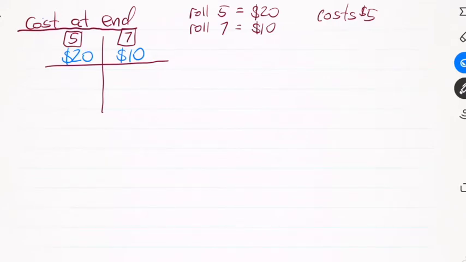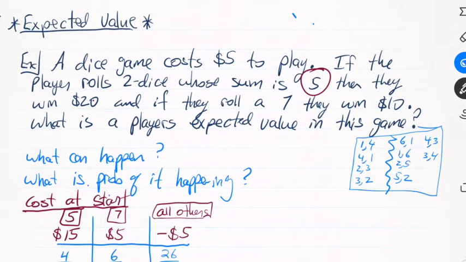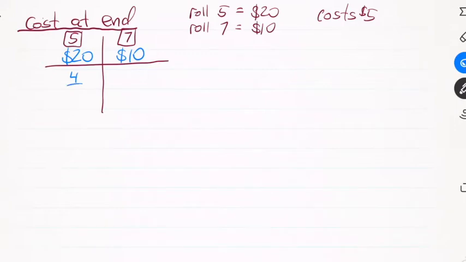Rolling a 5 is still a probability of 4 out of 36. The probability of a 7 is still 6 out of 36. And we're still going to multiply the winnings times the probability.